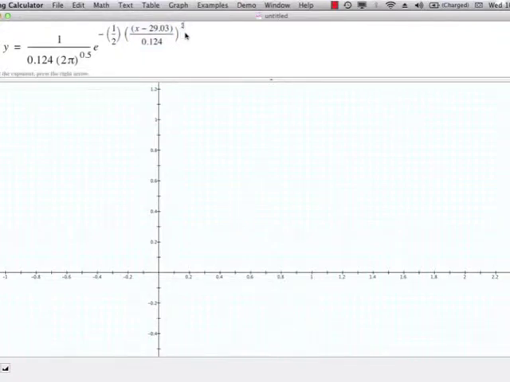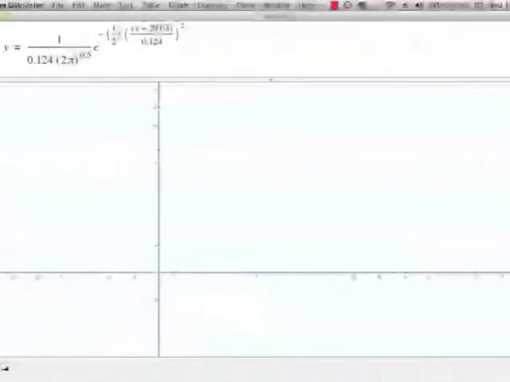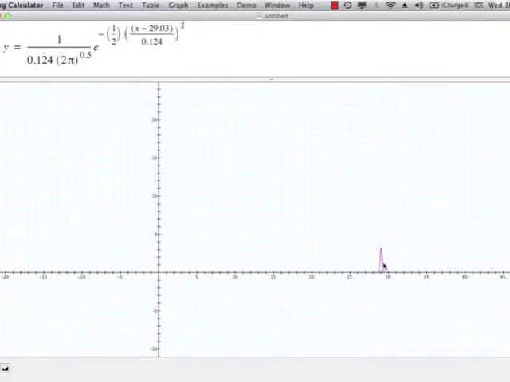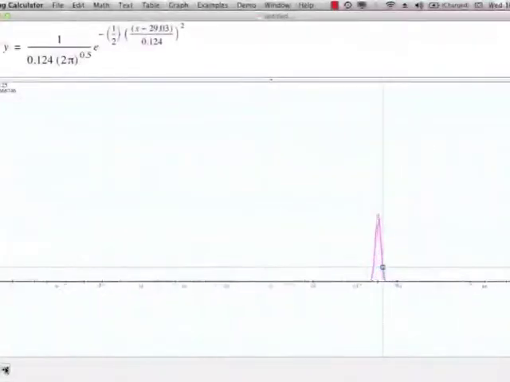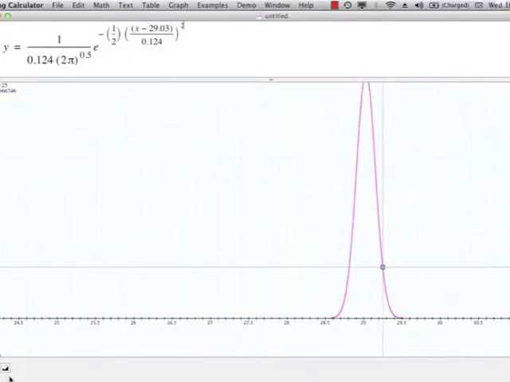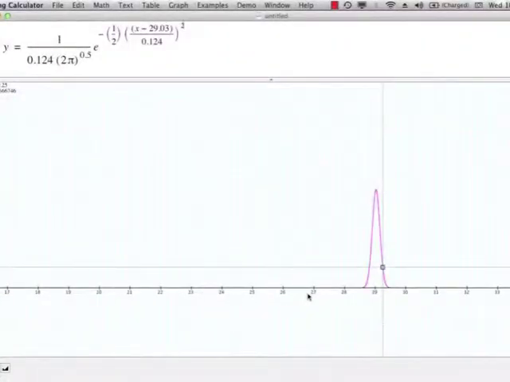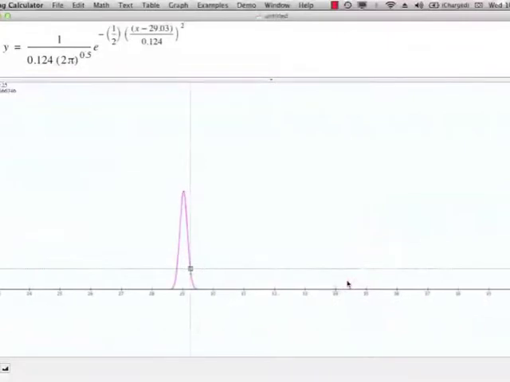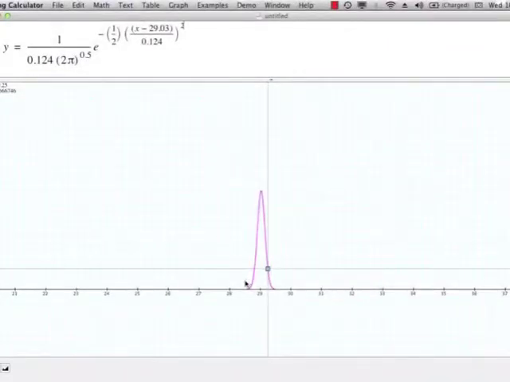And that messy function should give me, right over there, the normal distribution for my data on my beakers.